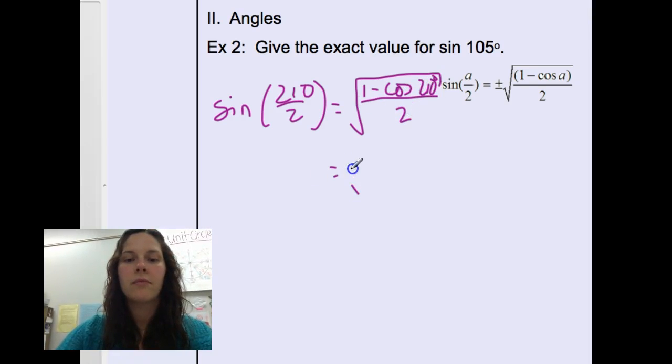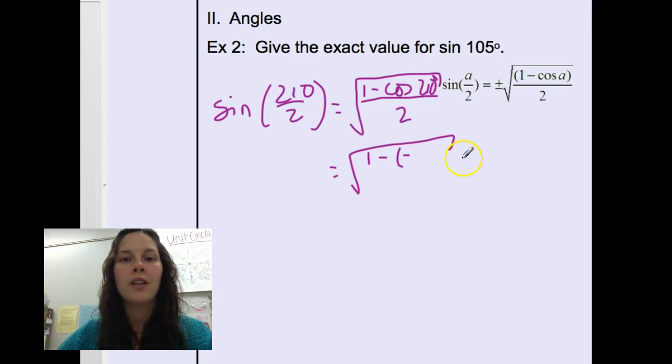All right, cosine of 210 degrees, that lands in the third quadrant where cosine is negative, and 210 is a multiple of 30, so that reference first quadrant angle of 30 degrees, cosine is square root of 3 over 2, all over 2.